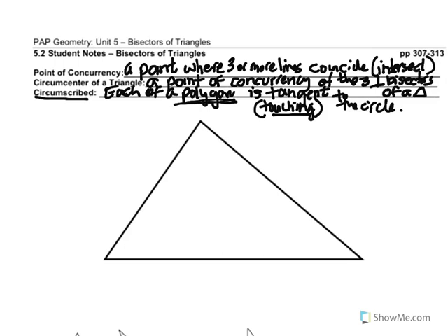So we have this triangle here. And remember in class we kind of reviewed how to use our compass to do perpendicular bisectors. So of course I can't use a compass here, but I'm going to show you what that's going to look like if we were to bisect this triangle.